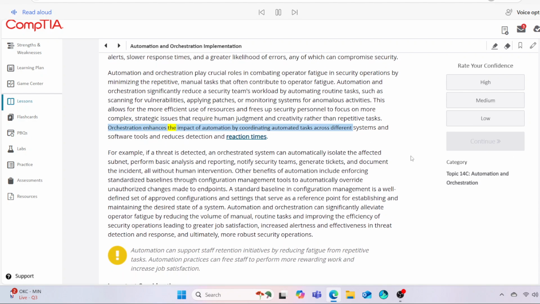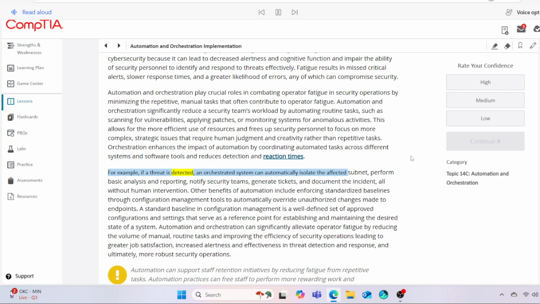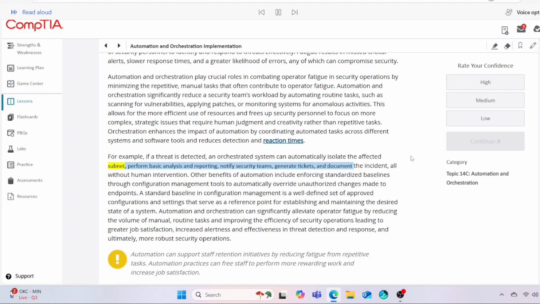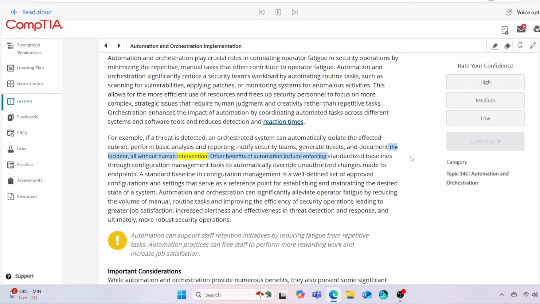Orchestration enhances the impact of automation by coordinating automated tasks across different systems and software tools and reduces detection and reaction times. For example, if a threat is detected, an orchestrated system can automatically isolate the affected subnet, perform basic analysis and reporting, notify security teams, generate tickets, and document the incident, all without human intervention.